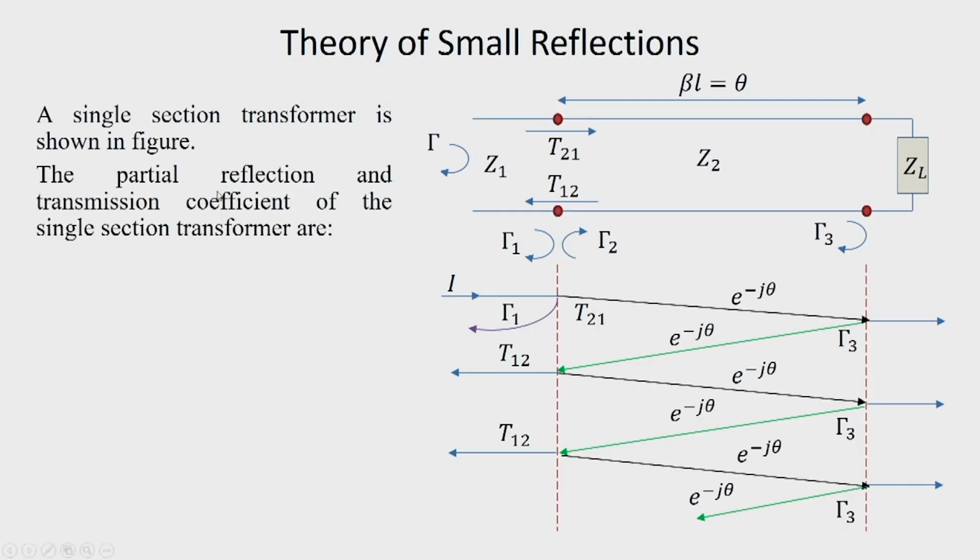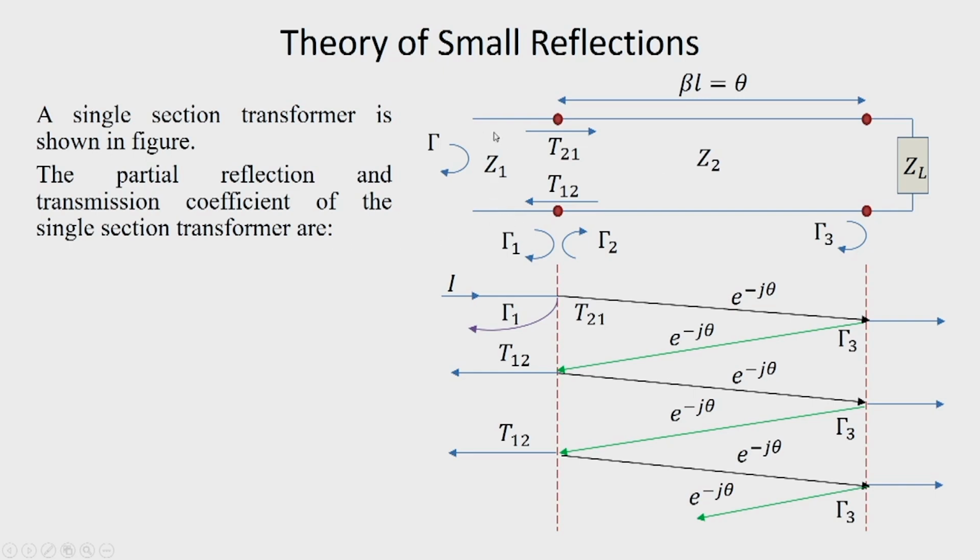we define the partial reflection and transmission coefficients. So, here gamma is the overall reflection coefficient. Now, at this junction, when the wave travels, it sees a mismatch of impedance, and the partial reflection coefficient gamma 1 is dependent upon this mismatch, Z2 minus Z1 divided by Z1 plus Z2, as we will see.